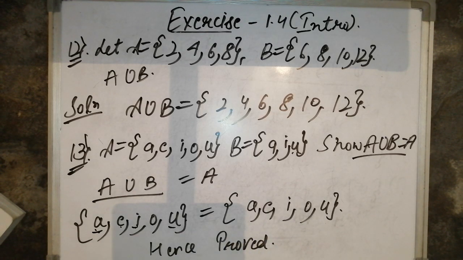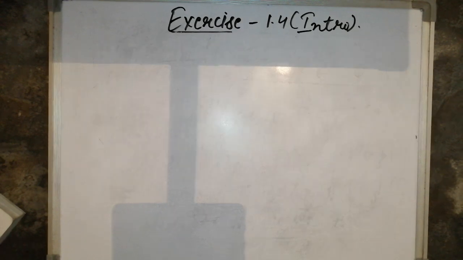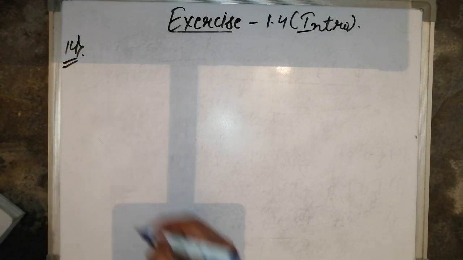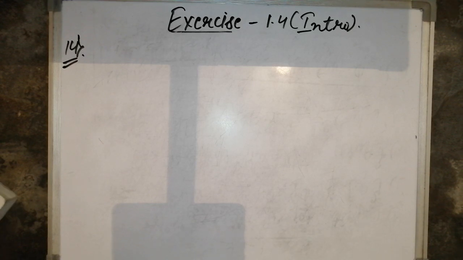Okay. Now let's talk about the 14th example and last example on union. Let X is equal to Ram, Geeta, Akbar be the set of students of class 11th who are in school hockey team.